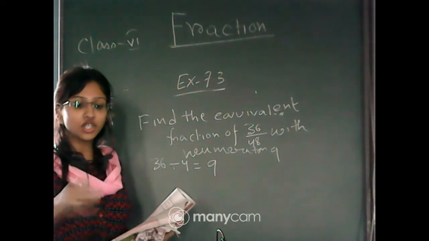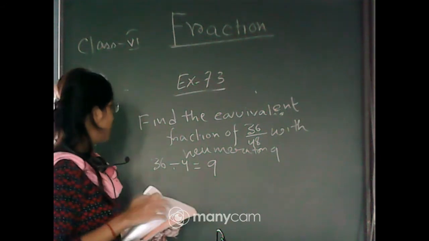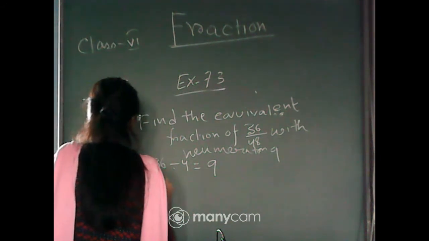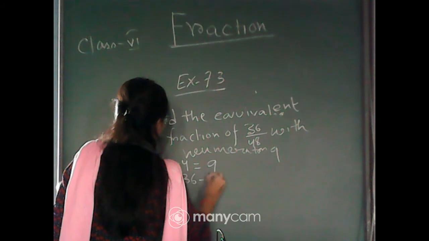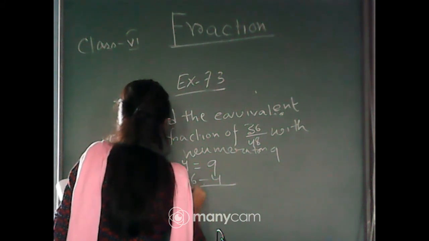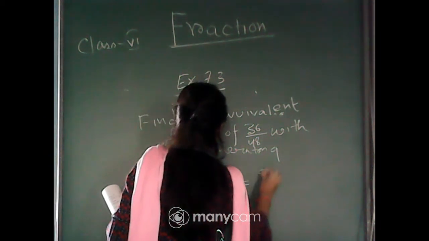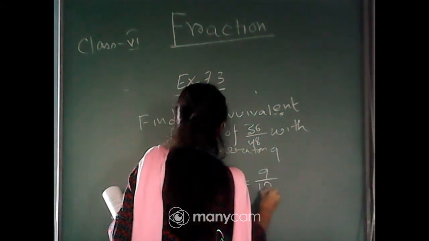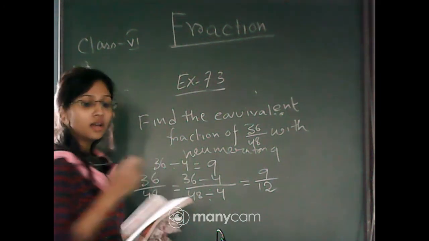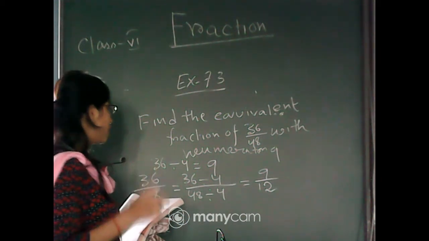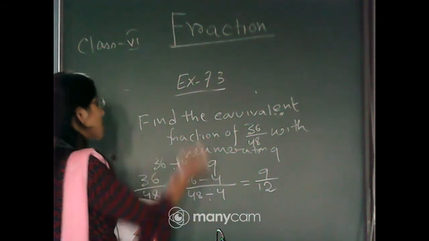Therefore, to find the equivalent fraction, we divide both the numerator and the denominator by 4 and we get 36 divided by 4 over 48 divided by 4, that is equal to 9 divided by 12.